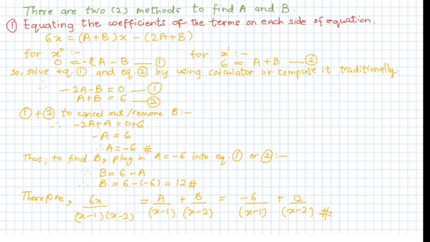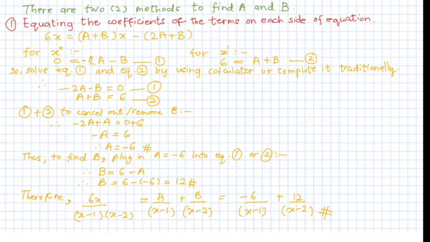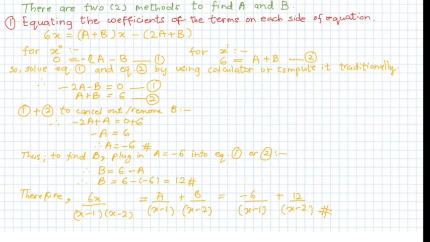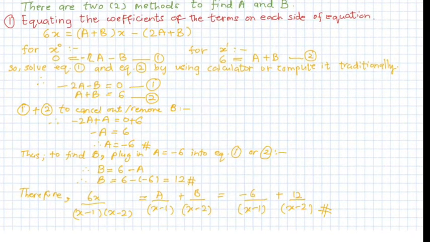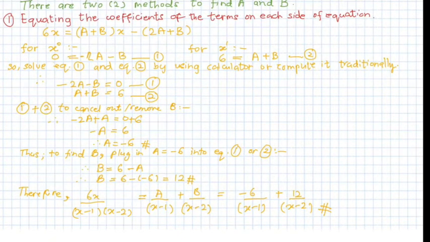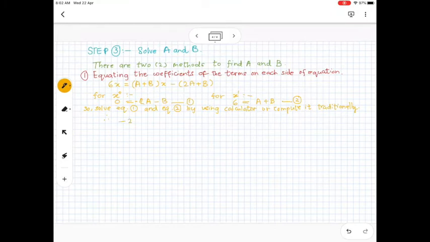The next step is you need to solve equation 1 and equation 2, either by using a calculator. You are allowed to use a calculator to solve this simultaneous equation, or you can compute it traditionally. I would like to teach you how to compute it traditionally. So we have minus 2a minus b equals 0.